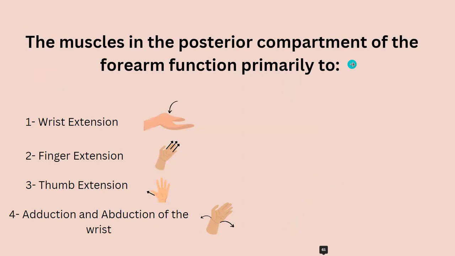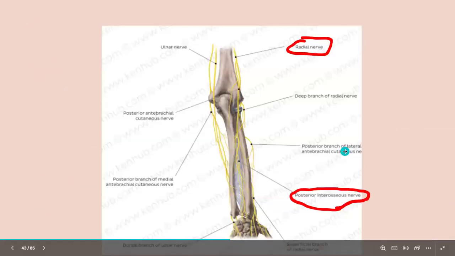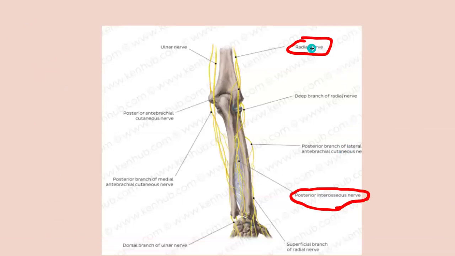Now, the muscles in the posterior compartment function primarily to extend the wrist, fingers, and thumb, and to adduct and abduct the wrist. Similar to the anterior compartment, the posterior compartment changes nerves as we move through the different layers.